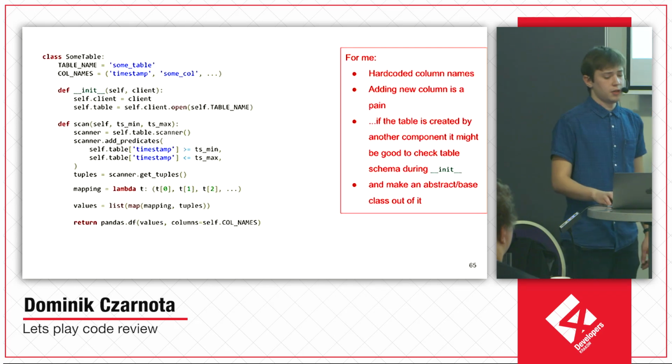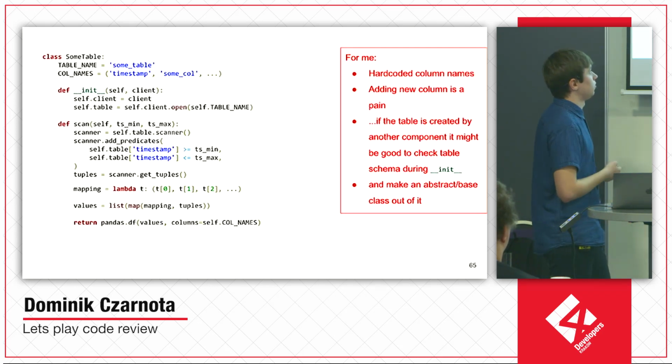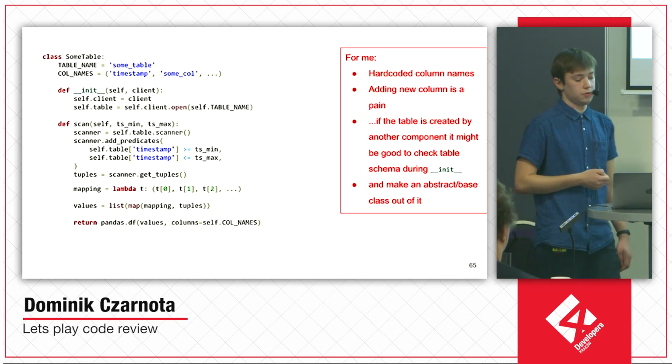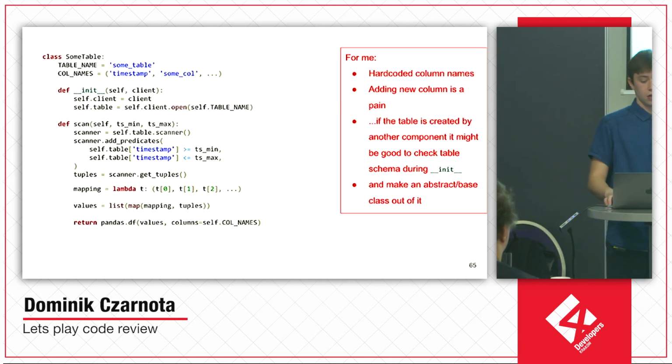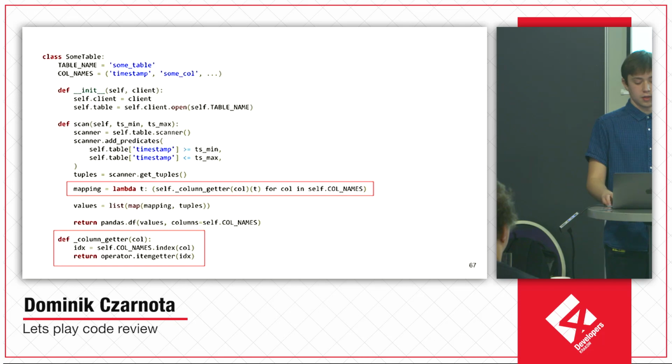And you probably want an abstract class out of it, because this is a specific table, but you probably want an abstract one for the scans and so on. And as I said, adding a new column is painful because of this mapping thing. And this can be improved and changed into something like this.